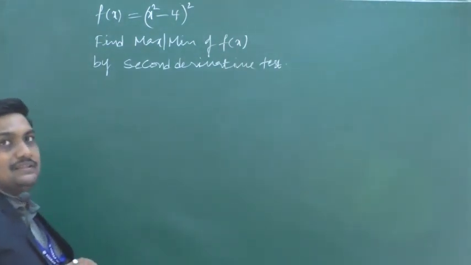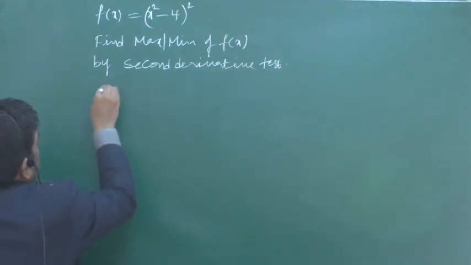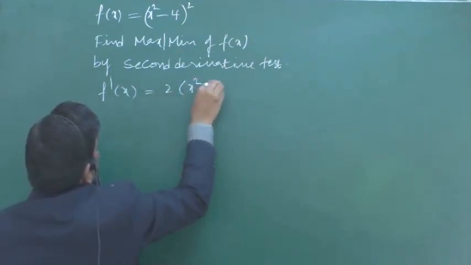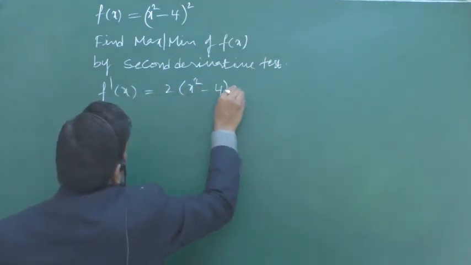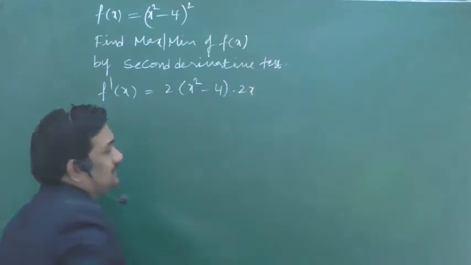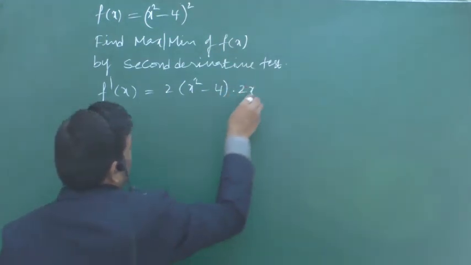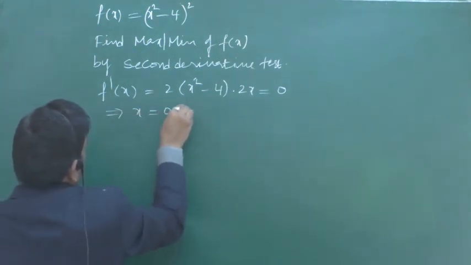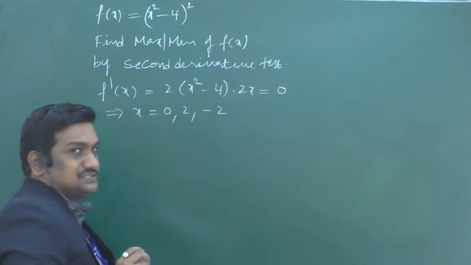Now let us start with f dash of x. This equals 2 into (x square minus 4), and the internal derivative is 2x. Now equate this to 0. This implies x equals 0, x equals 2 and minus 2.